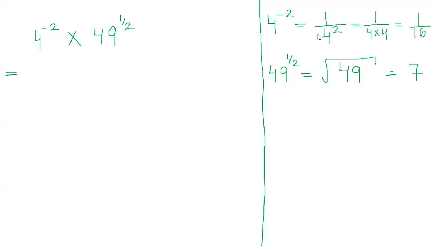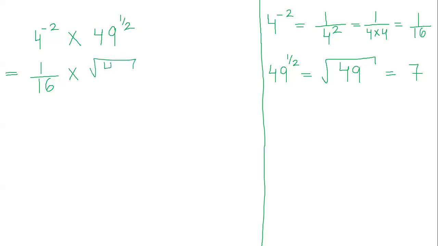So we're gonna say 4 to the power of -2 is what? 1 over 4 squared. 1 over 16. Which we just got, right? Yes, sir. And then it's gonna be multiplied by 49 to the power of a half. That's the square root of 49, if you want to write that step.